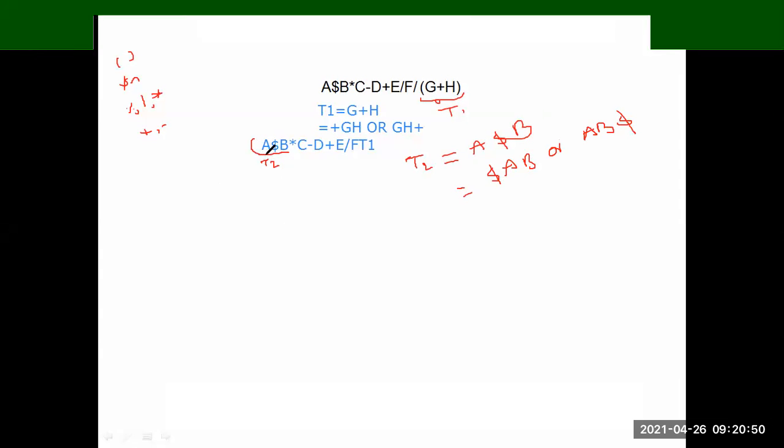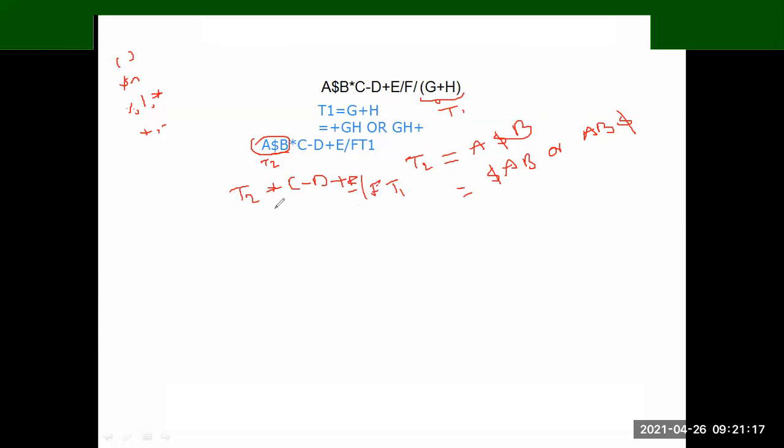In this place I am replacing T2: T2 star C minus D plus C by F T1. In this we have star, minus, plus, and also by.